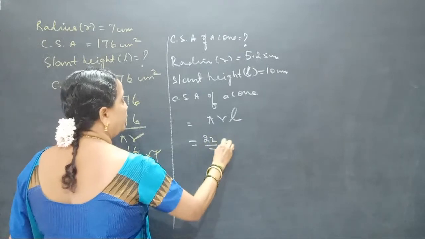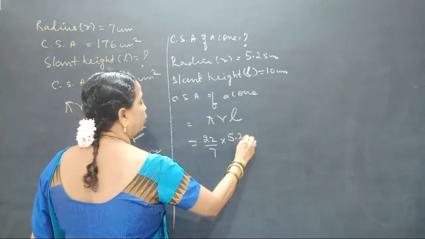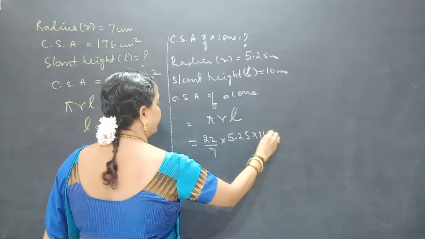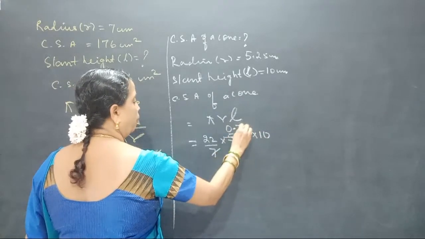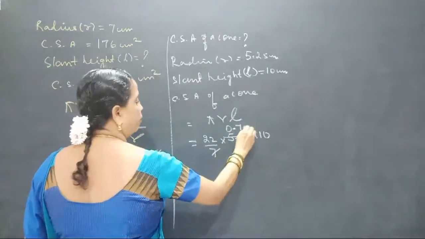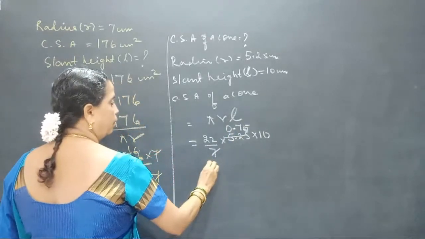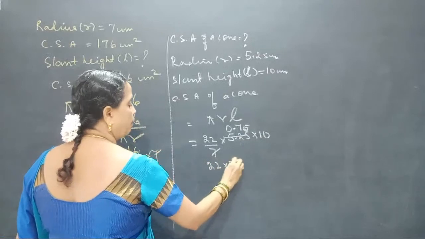22 by 7 into 5.25 into 10. 7 7s are 49, 7 5s are 35, 22 into 7.5.